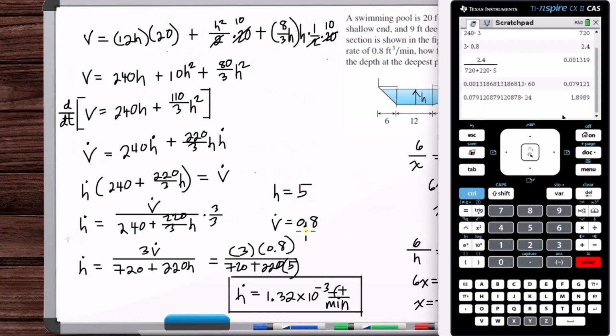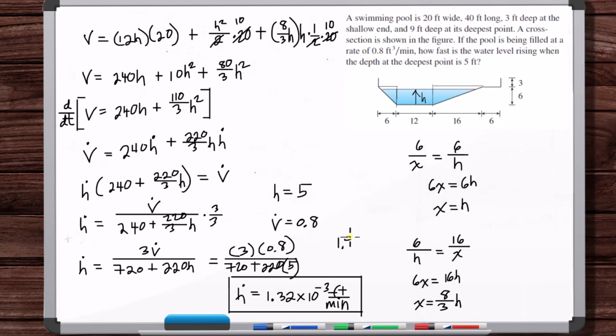This is the same thing as 1.9 feet per day. I can conceptualize that a lot better than 0.00132 feet per minute. I can't even think about what that means. In the back of the book they won't put this, but you can consider this a correct answer as well.